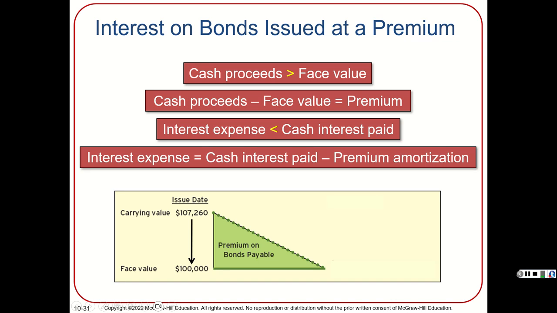So you have the interest expense equals the cash interest paid less the premium amortization. That's a mouthful. Again, we're getting a little bit more complicated, but you'll be able to understand this as we go if you just study hard, look at the problems, think about what's happening.